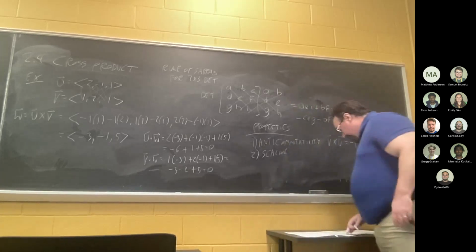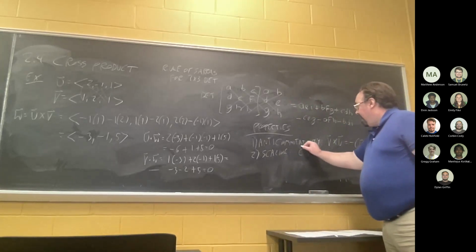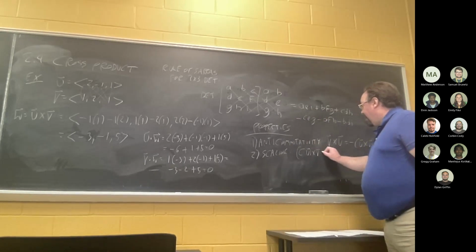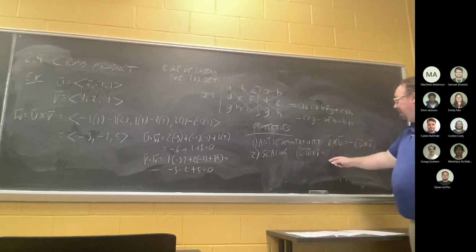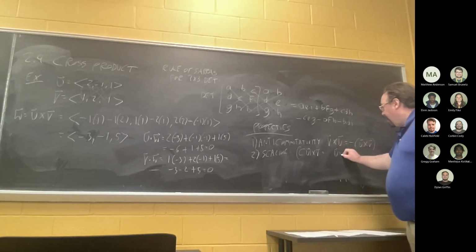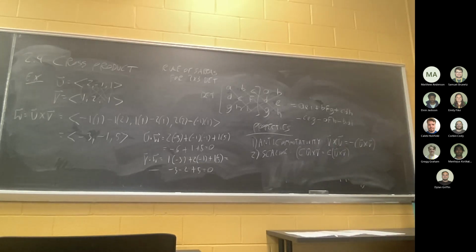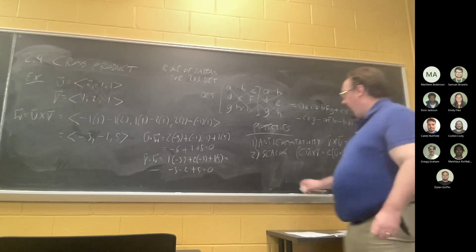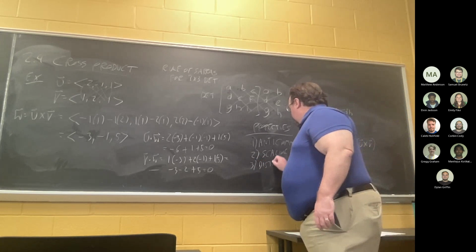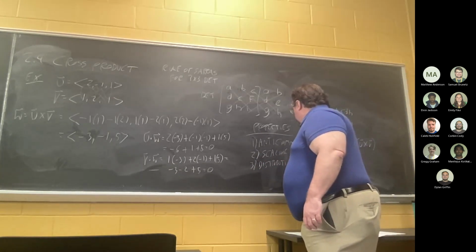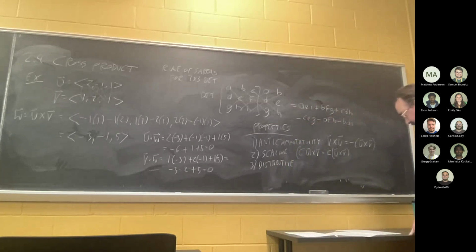If you scale one of the vectors involved in a cross product, that works out nicely. It just scales the cross product. So if I have the constant C times U cross V, I can compute the cross product of U and V first, and then scale that by C. There is a distributive law with respect to vector addition.